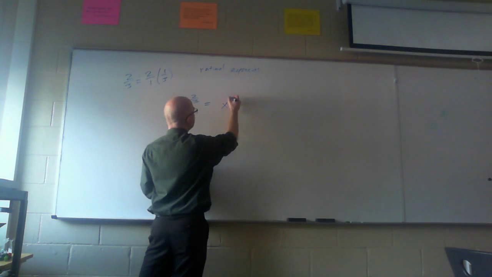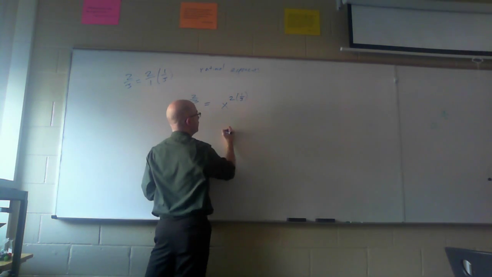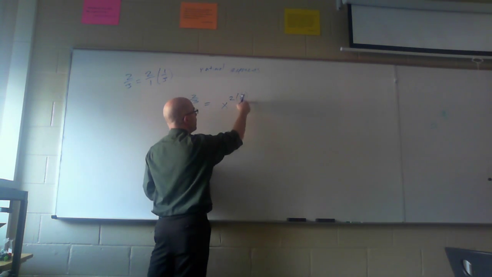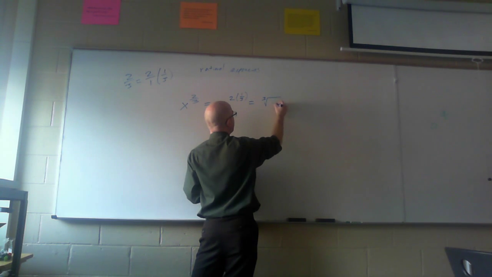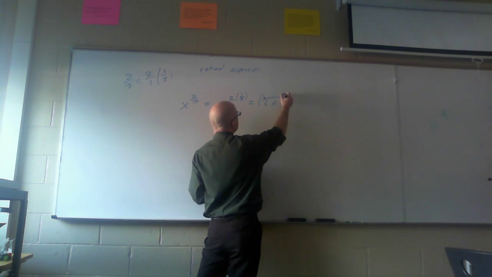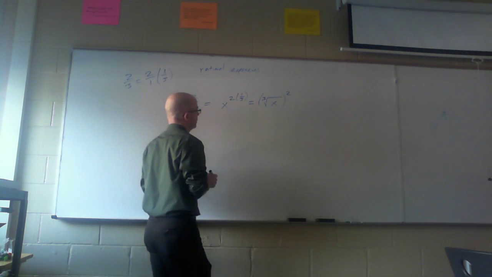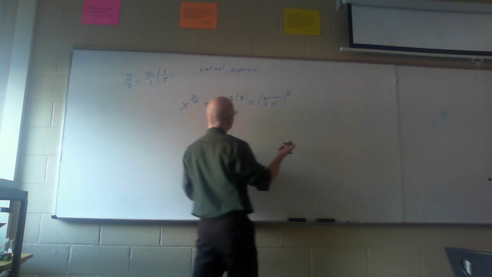So we can rewrite this as 2 times 1/3. This x to the 1/3 is the same thing as the cube root of x, but then we're going to square it.